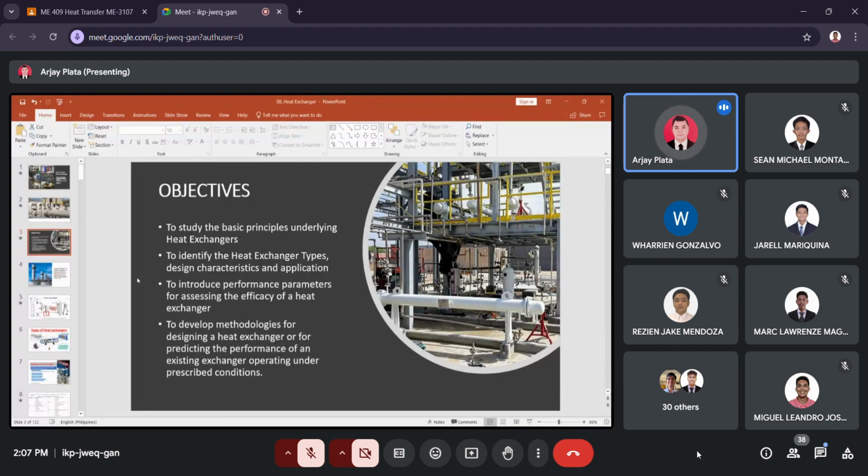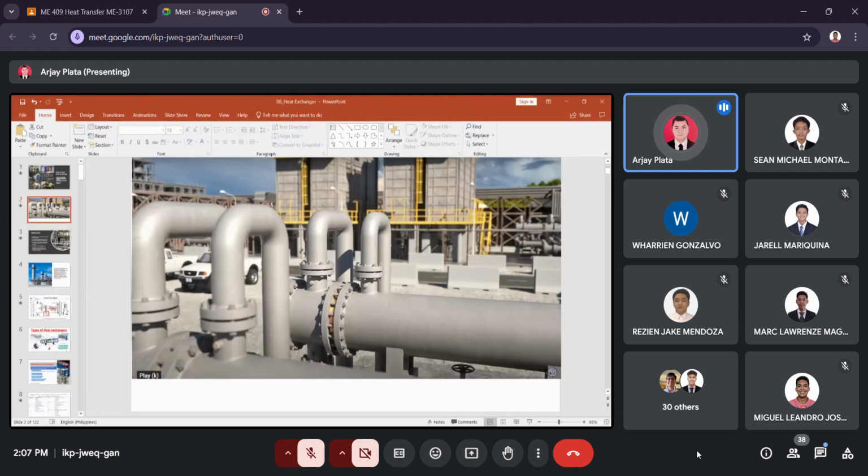Okay, going back to heat exchanger. So as you can see here, this is the most common type, which is the shell and tube.